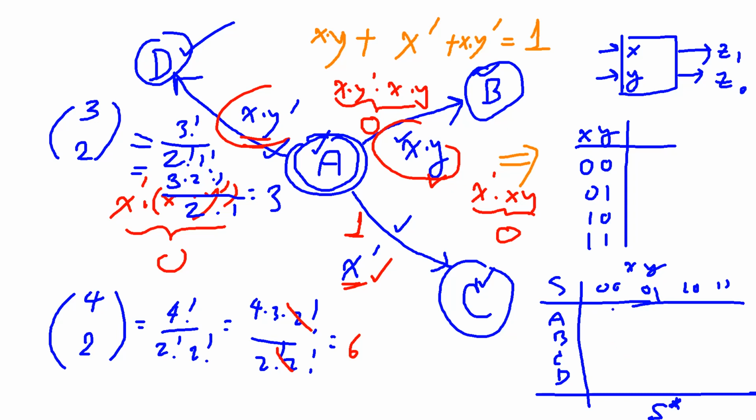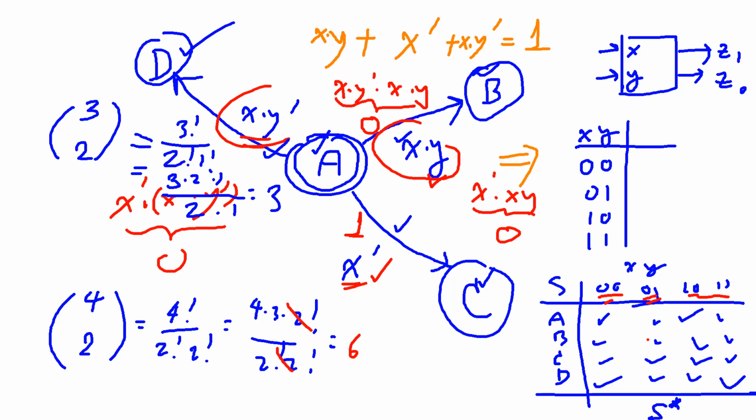If you can complete this table, finding every next state for every state and for all input combinations, then you can check. If there is some empty next state, that means it's not okay.